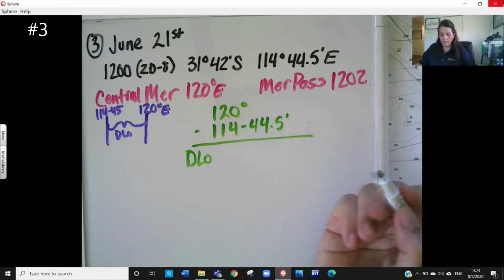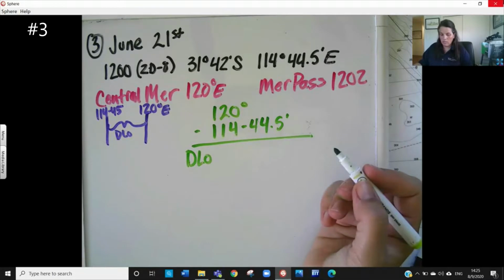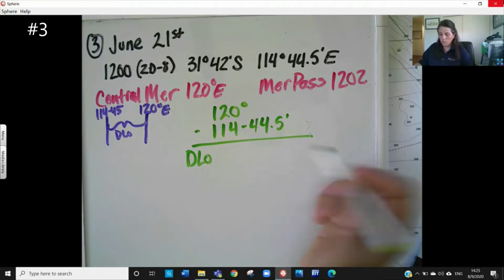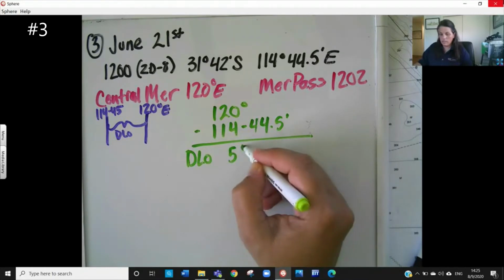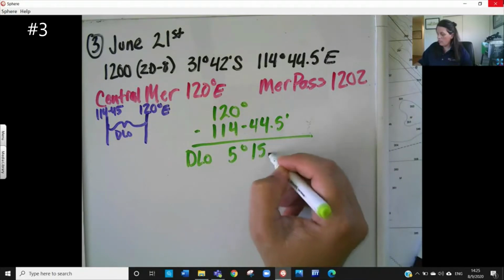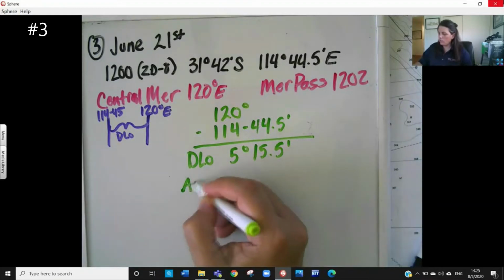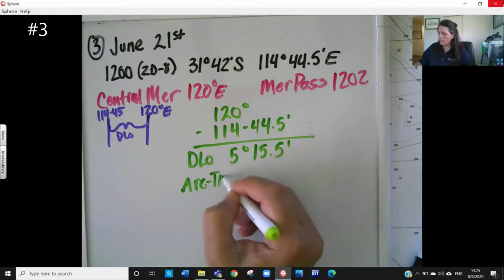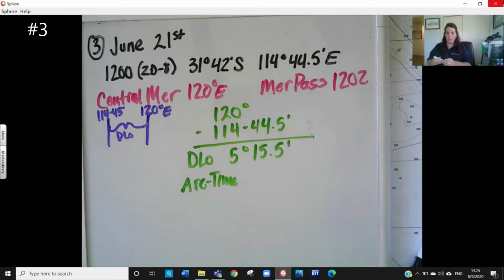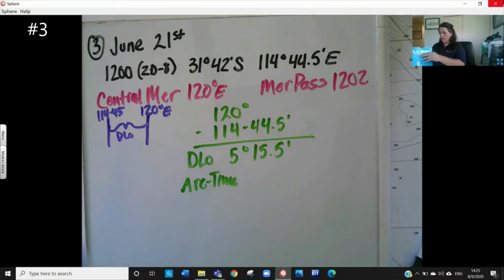We get a DLO of 5 degrees, 15.5 minutes. So now we need to convert that to time. That's in the back of the almanac.